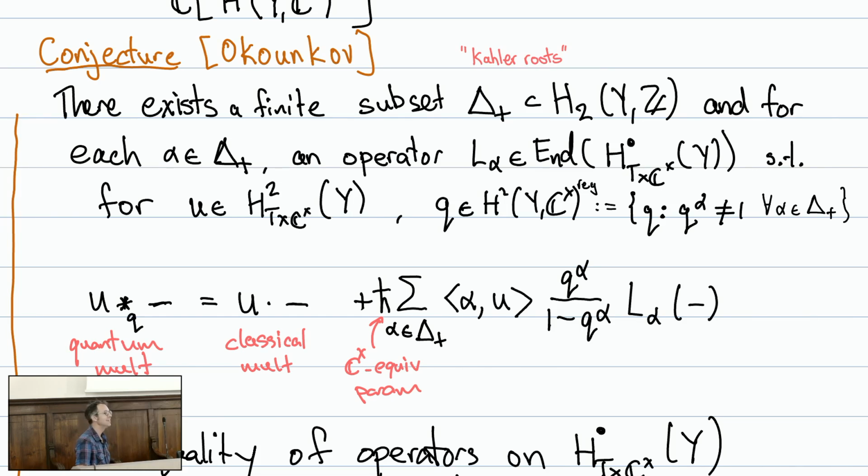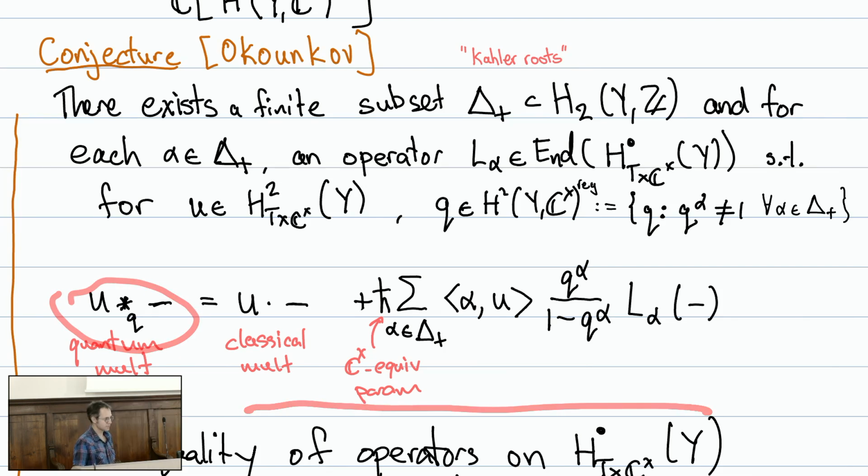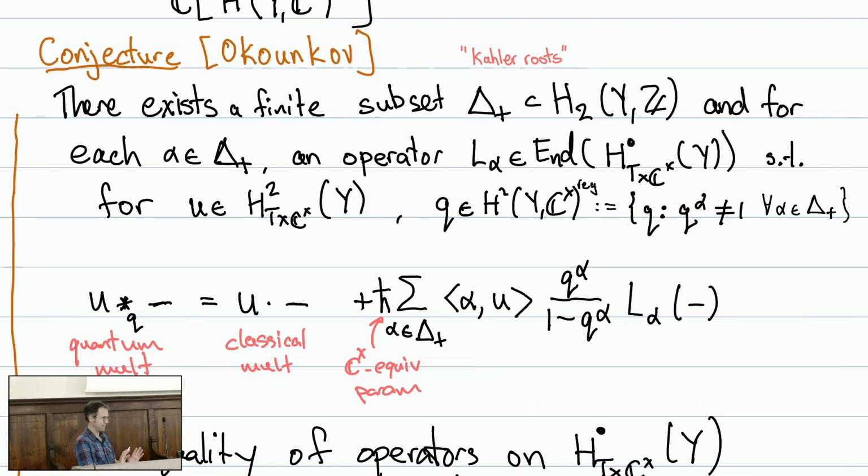Yeah? Why do you need quantum cohomology for this? Well, this is a theorem about quantum cohomology, or conjecture rather. It's just telling you how the quantum multiplication can be rewritten. So the left-hand side here, which I didn't define, is the operator of quantum multiplication.